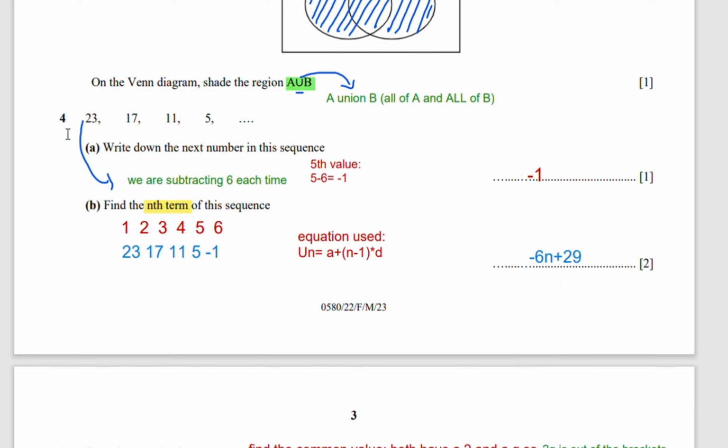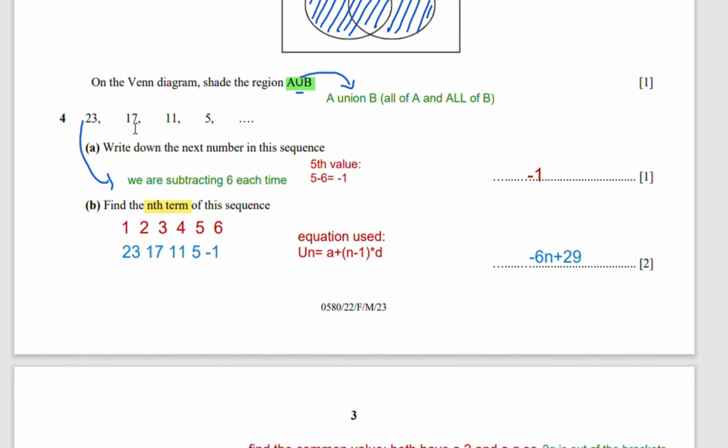Now for question 4, A, write down the next number in the sequence: 23, 17, 11, 5. What is going on? How do we know the trend in this sequence? We subtract. 17 minus 23, we will get -6.